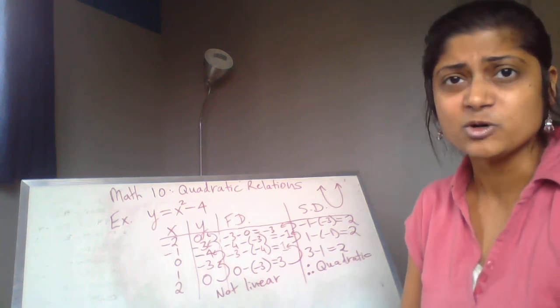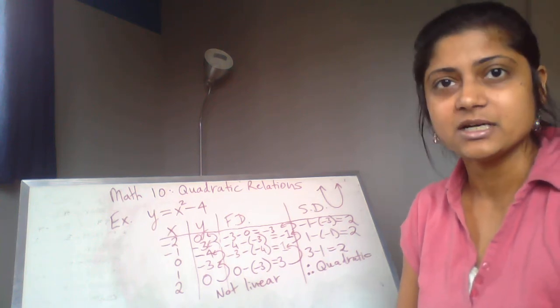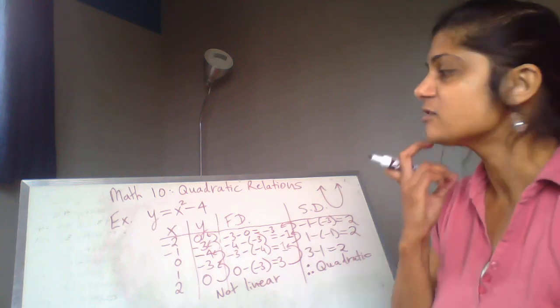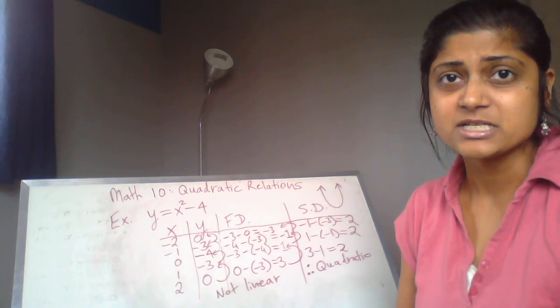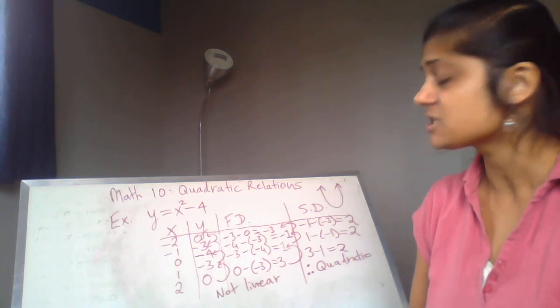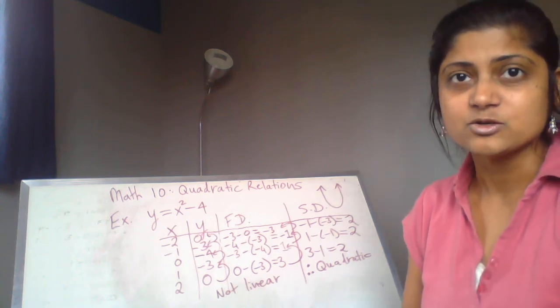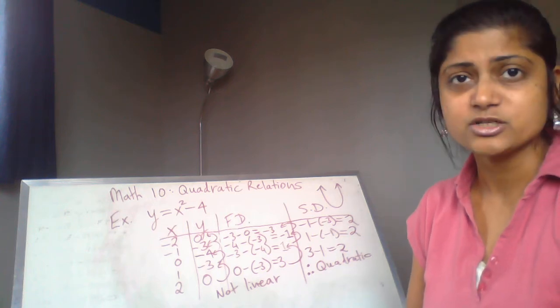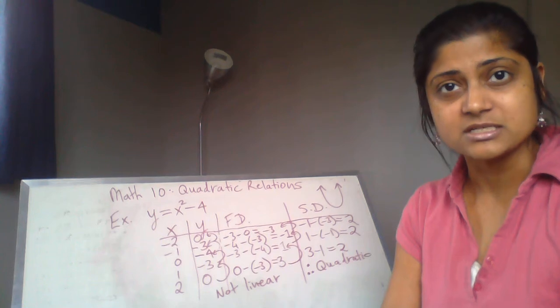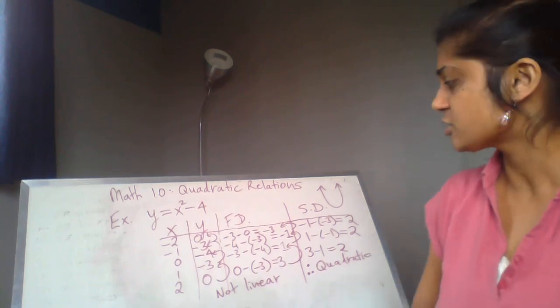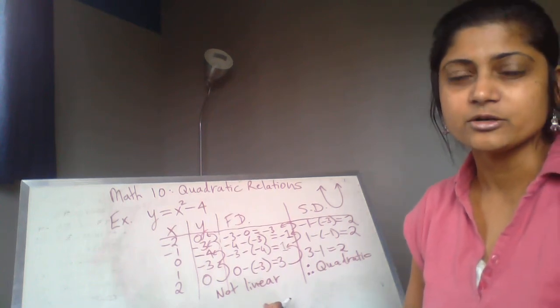So let's just sum up what we did here. I was given the actual equation. I took this equation, I made my x and y table. The values for x I took were -2 to +2. I plugged in the values for x into the relation to get my y values. Then I did the first differences, and the first difference was just to show whether or not it is a linear relation.